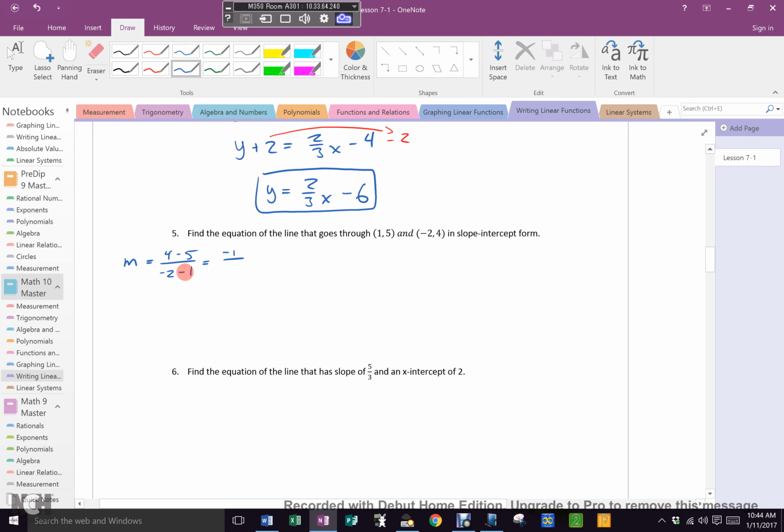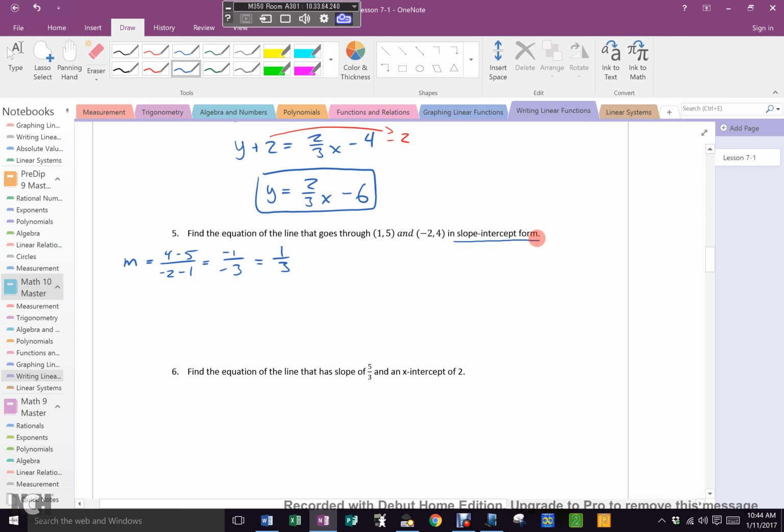Negative 1. Negative 2 minus 1. Negative 3. 2 negatives. Positive. So do I know my new slope?